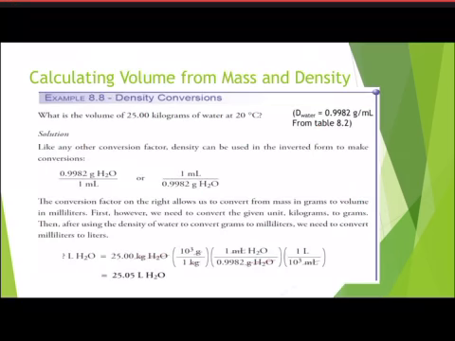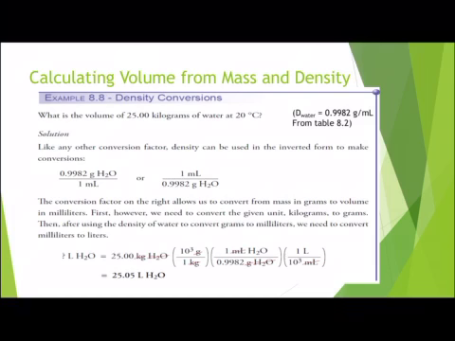Next question, the opposite. You're given mass and density, and we're asking for volume. Take a pause and look at the question. Again, you have the density, which gives you two conversion factors. I'll write it again: 0.9982 grams per 1 ml, or 1 ml over 0.9982 grams.